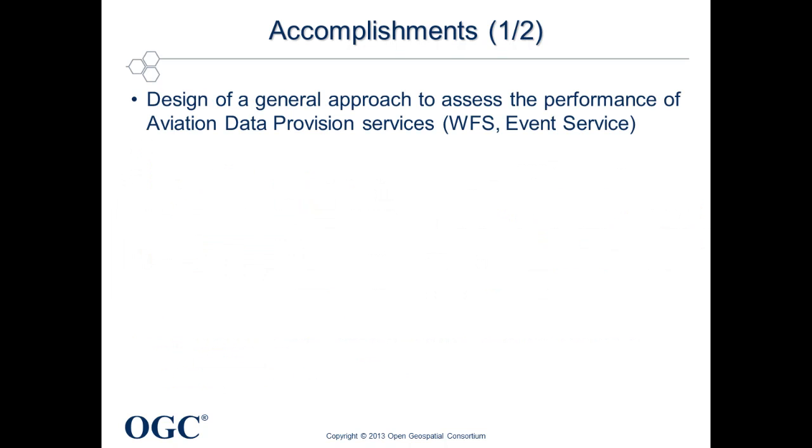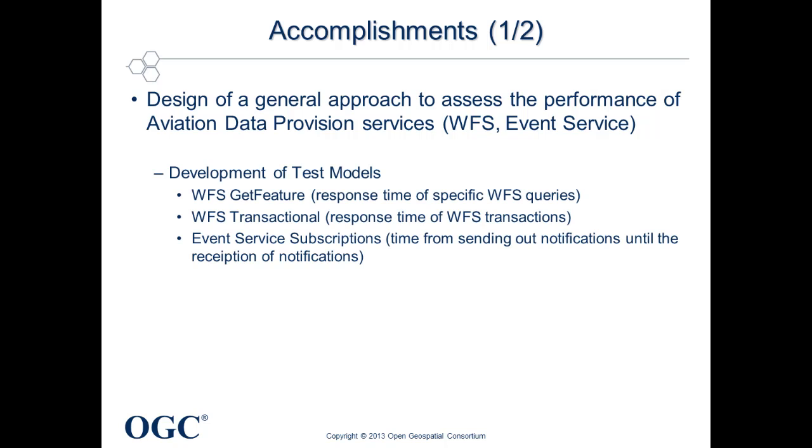Within OWS-9, a general approach to assess the performance of the aviation data provision services has been developed. The design of service-specific test models allowed the execution of tests for use cases common in the aviation domain, including WFS GetFeature and Transactional models, as well as event service subscription models.